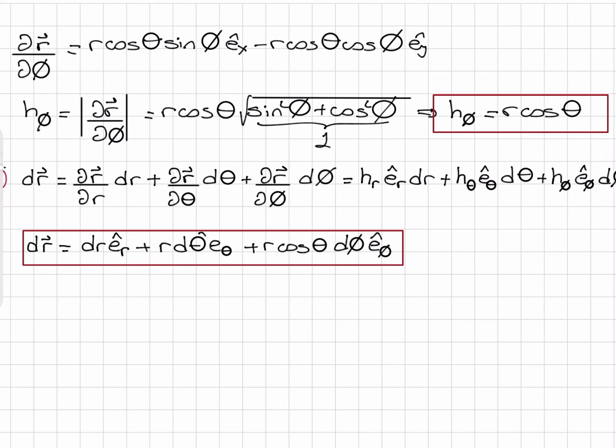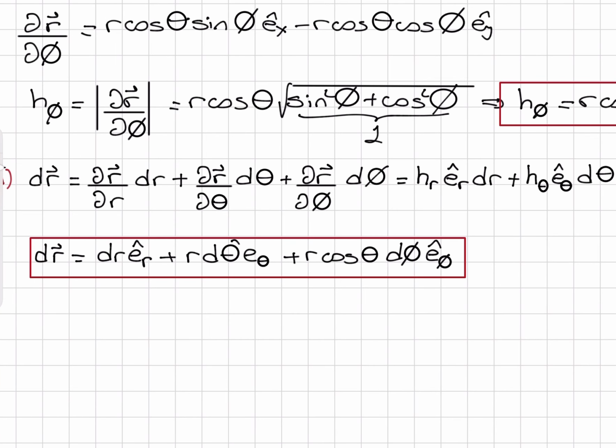Now, as for the area vectors, d sigma 1, remember that r, theta, and phi form a right-handed coordinate system. This will be equal to plus or minus hr h theta, which is r, since hr was 1 and h theta is r.